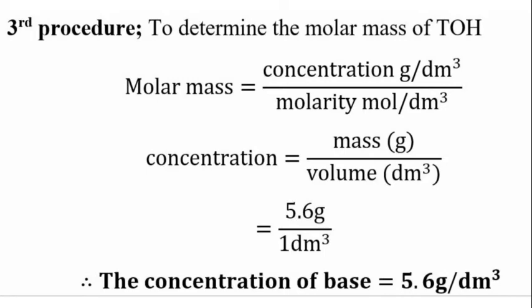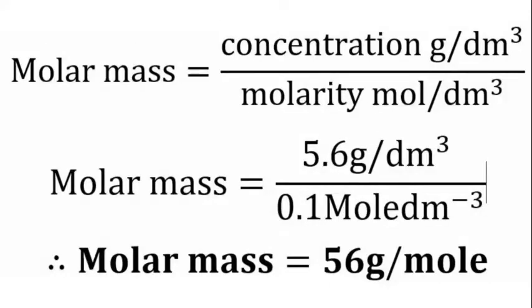So the concentration of base, which is T hydroxide, is 5.6 gram per decimeter cube. Then molar mass is concentration over molarity, 5.6 divided by the molarity of 0.1 mole per decimeter cube. The molar mass is 56 gram per mole. That is the molar mass in procedure number 3.